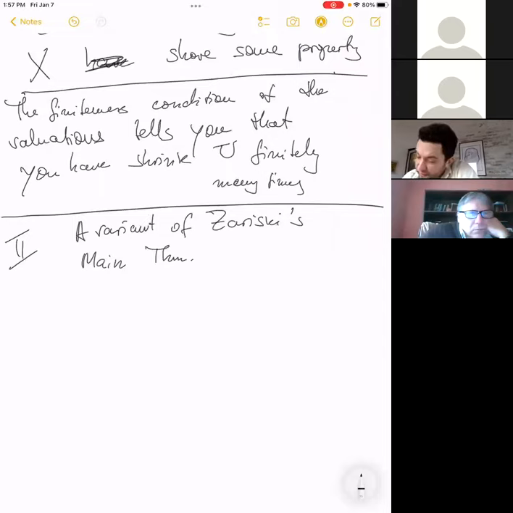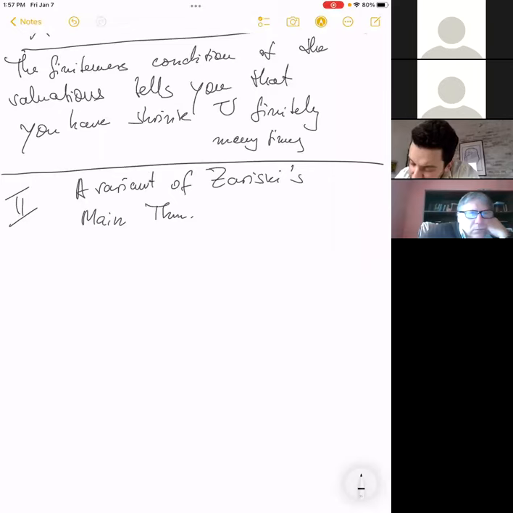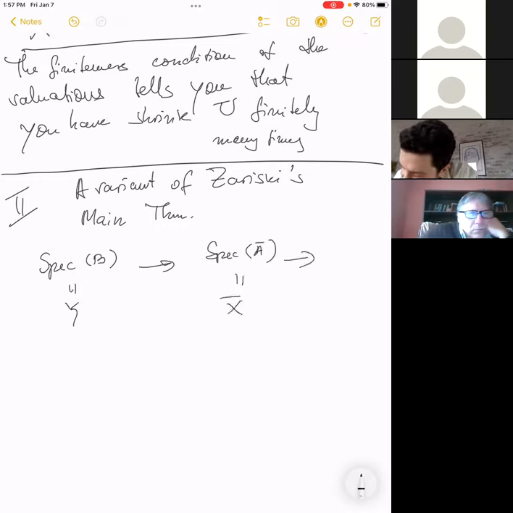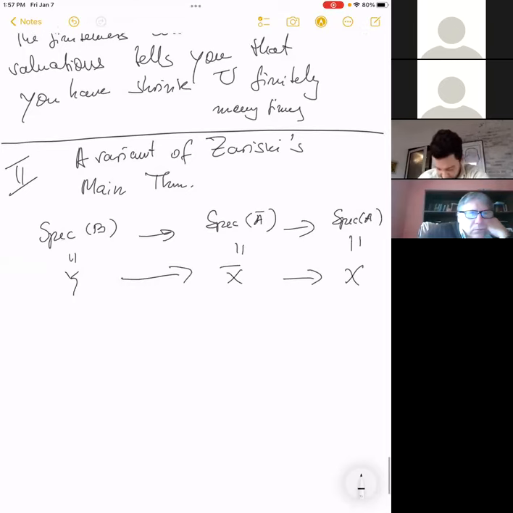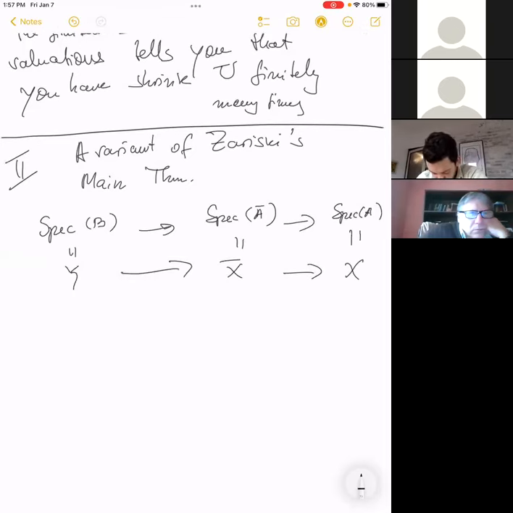So here we looked at a relative situation. I have Spec of B, which is my Y. I have Spec of A bar, which is my X bar. It's the normalization. And here I have Spec of A, which is my X. Okay, so this is the situation. I write purposefully these Specs on the top row to indicate the algebra behind the geometric picture.